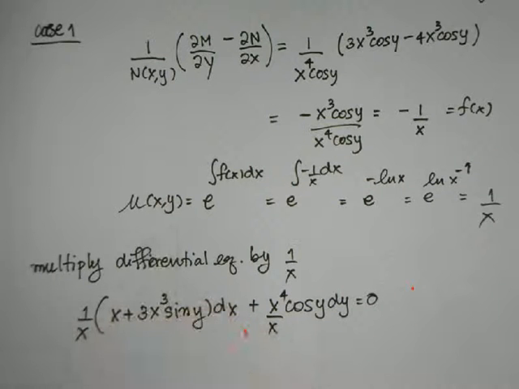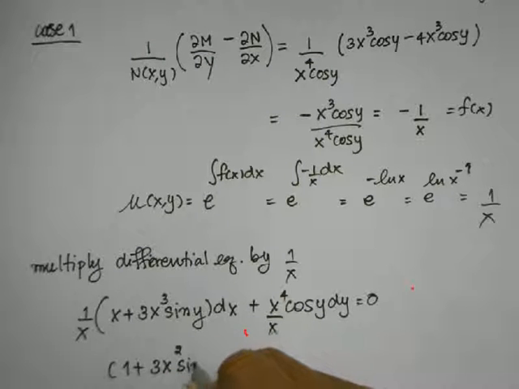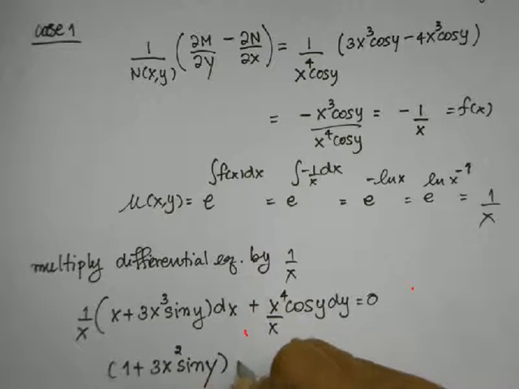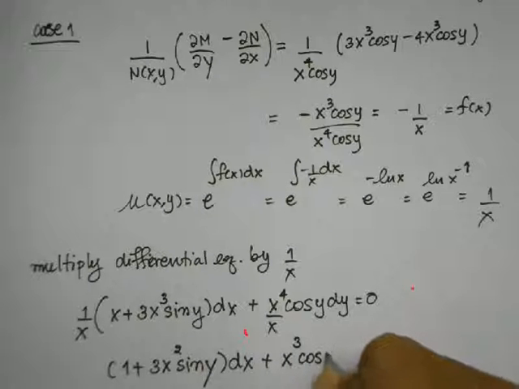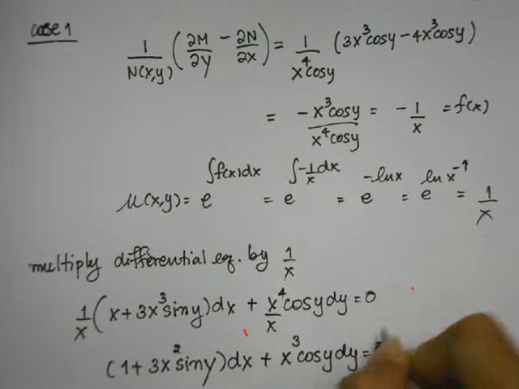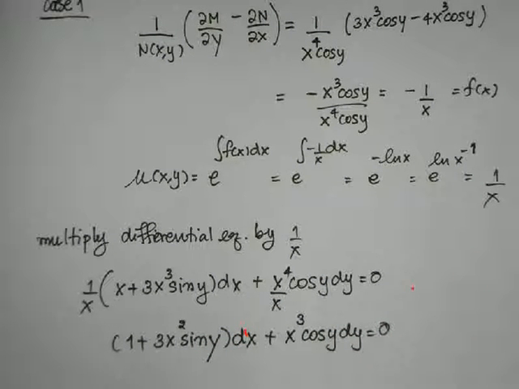Just make it nice: 1 plus 3x squared sine y dx plus x to the power 3 cos y dy equal to 0. Now we check whether it is an exact equation again. Our M now equals 1 plus 3x squared sine y, and N is equal to x to the power 3 cos y.